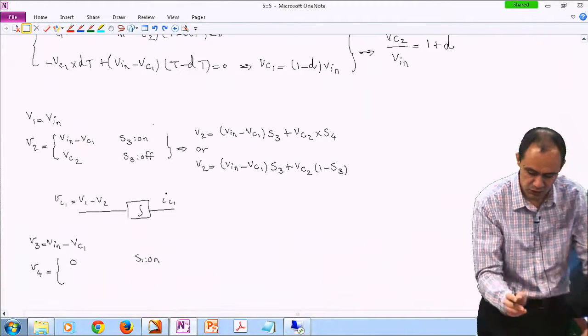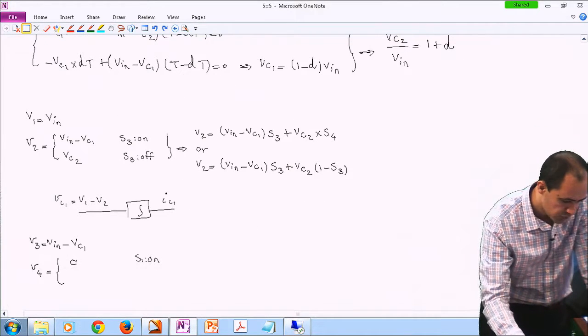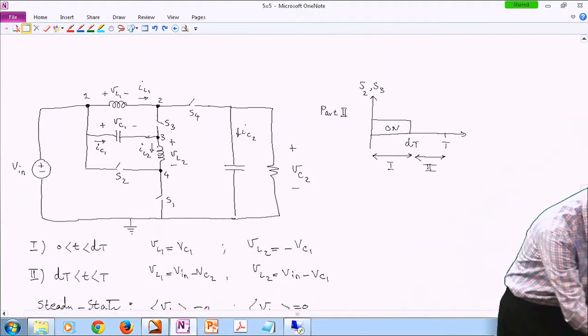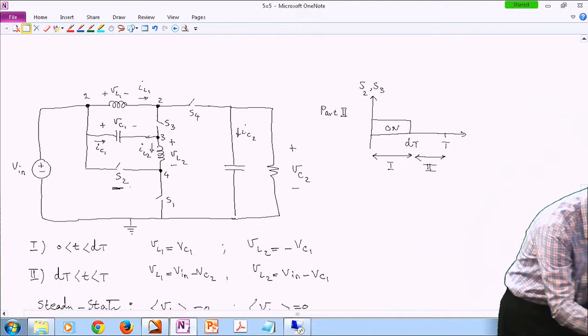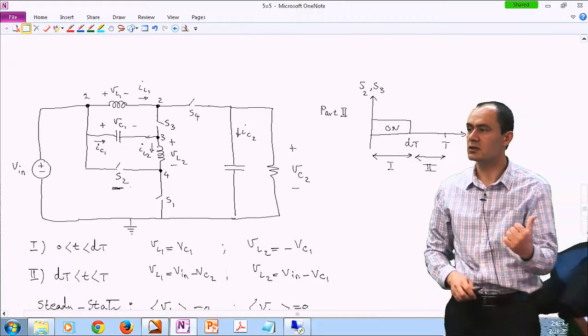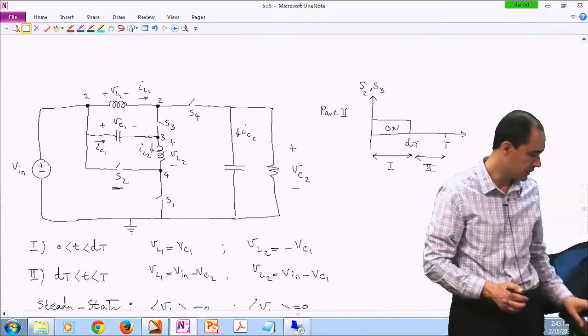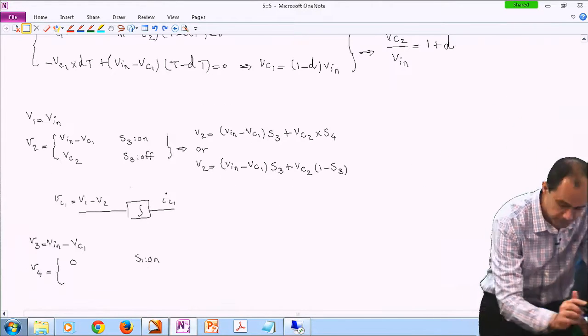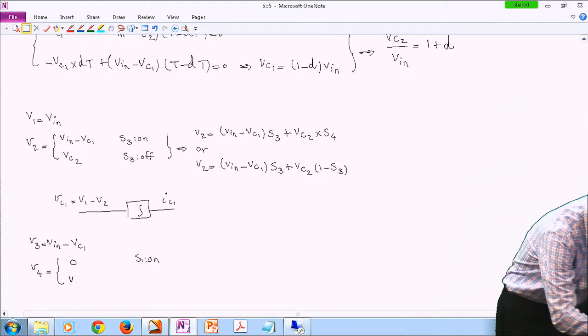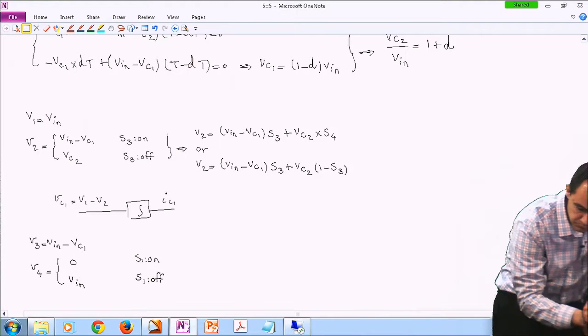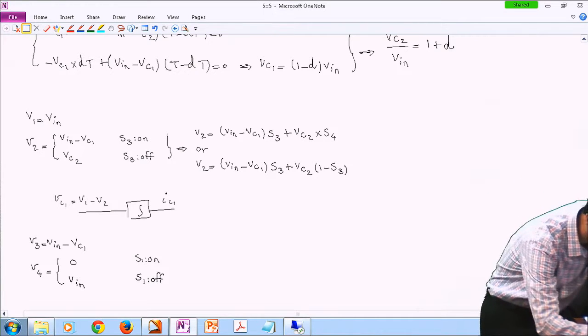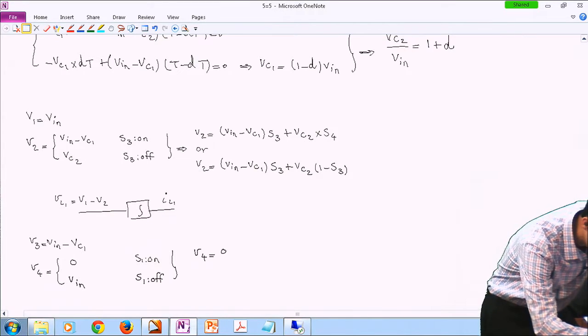And if S1 is off or S2 is on, then node 4 is actually connected to node 1, which is connected to Vin, so it's Vin. All right? So I can write V4 in this form.